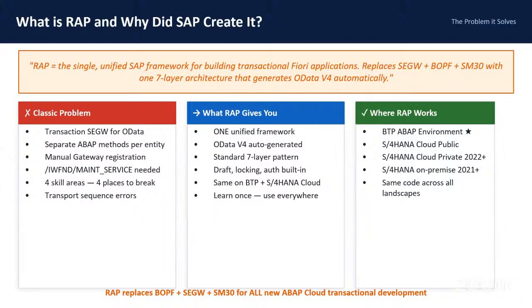If you want to build a Fiori application in classical ABAP, we need to create an OData service in transaction SCGW. We need to write ABAP methods like get entity set, create entity, update entity, and we have to create a CDS view separately, sometimes in a completely different package.